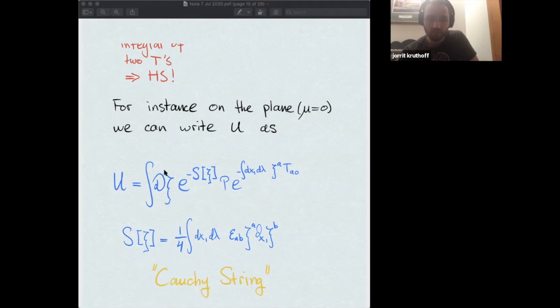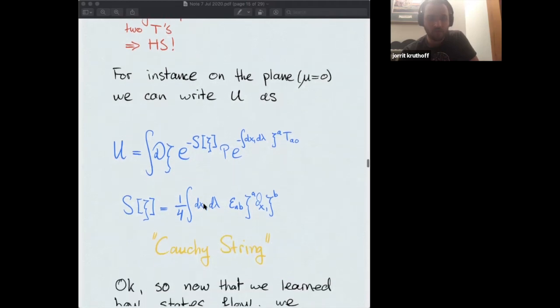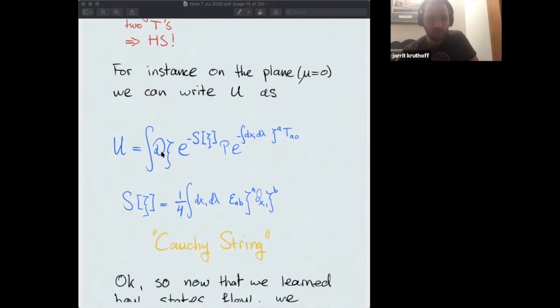I can write this unitary operator U as the following path integral over psi with some action S, and then a path ordered exponential of this particular object. And here you can see the action S, and you can convince yourself that if I integrate out psi, I will end up with the form of chi that I had written before.